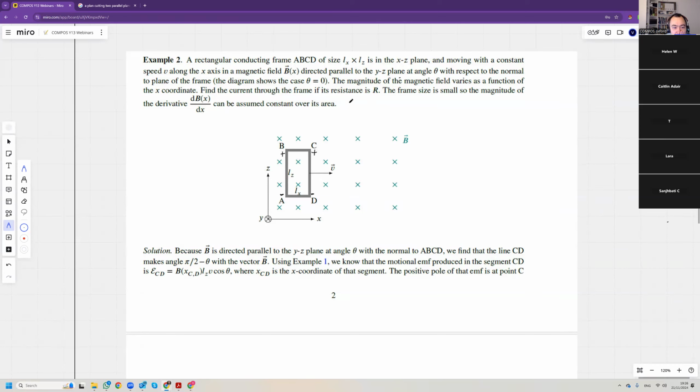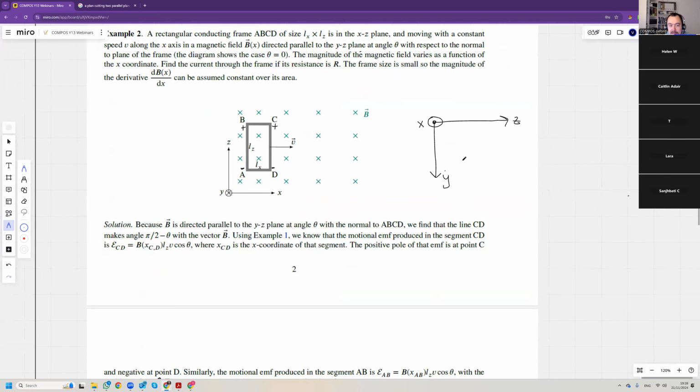So if you draw Y going down, Z going to the right, and X going towards you, then DC would look like this.